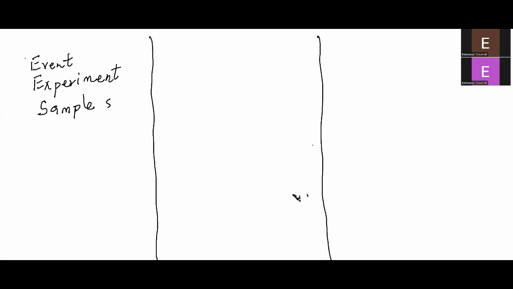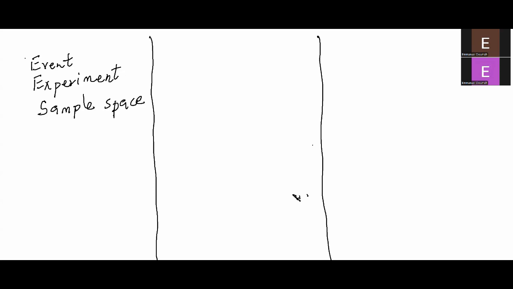So you have to determine the sample space from the experiment being performed. And then you have to determine the event from the question to be able to find the probability. Now, we first take finding the probability of single events before we look at how to find the probability of compound events.